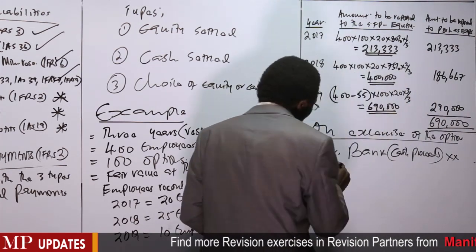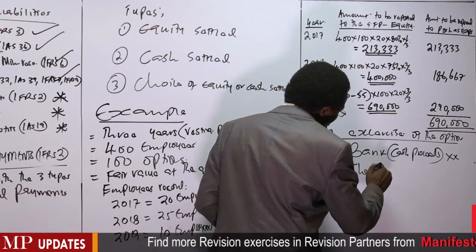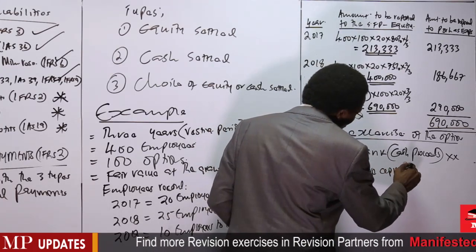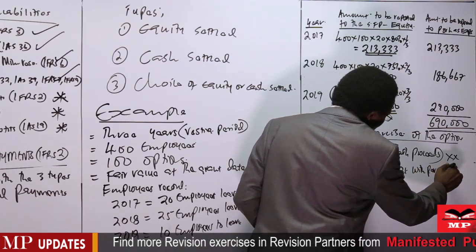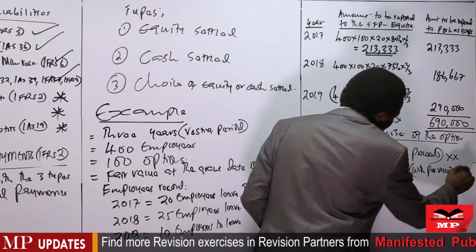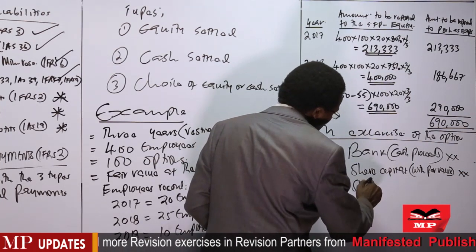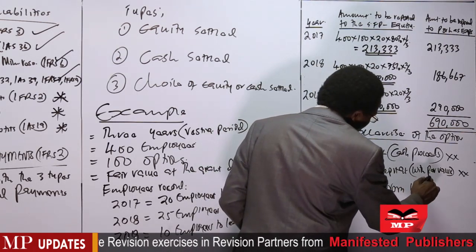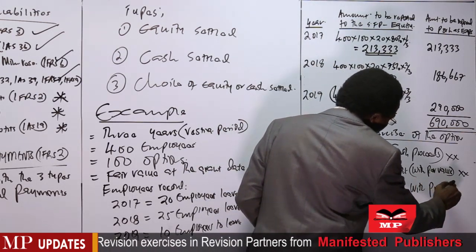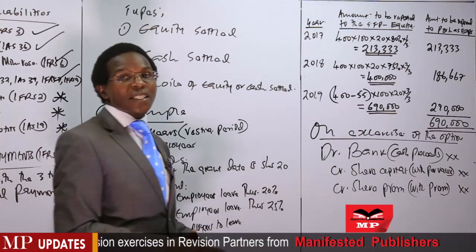Then we credit our share capital with the par value. That's what we could have done. Then we credit our share premium with the premium. That is at the date if they were to be exercised.